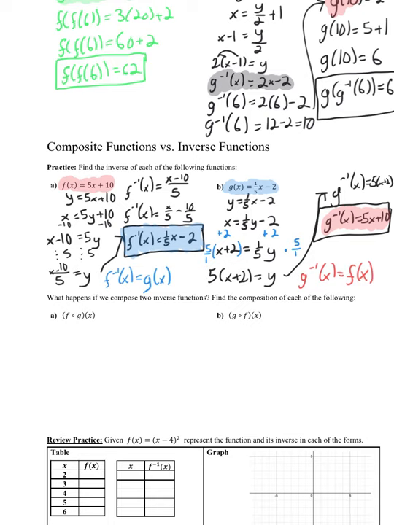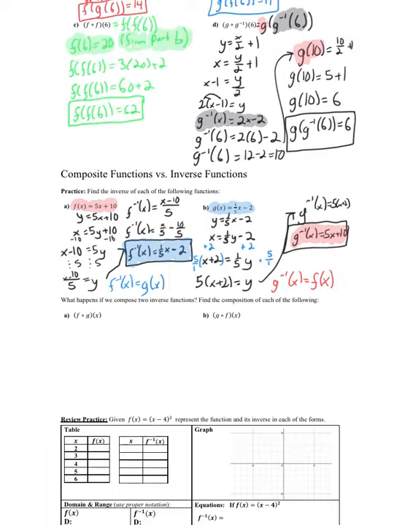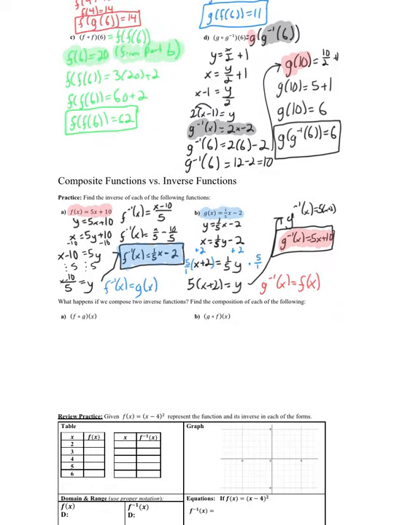So what it turns out is, f of x and g of x are inverse functions, or are inverses of each other. Okay, so that's the key takeaway here: sometimes you'll have one function that's an inverse of another, and you can prove it by showing that they are inverse functions.